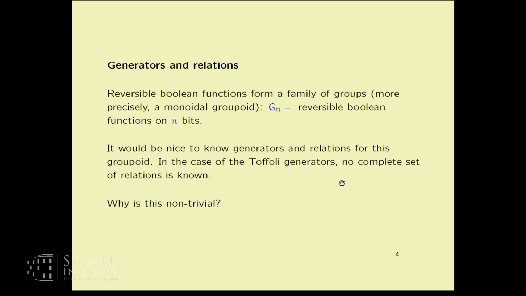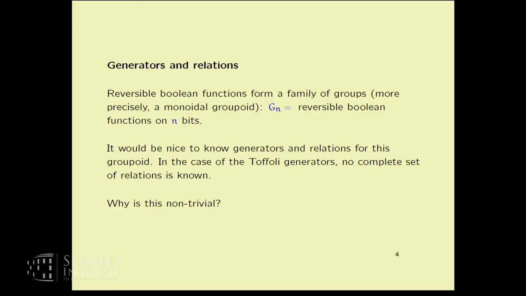All right. So for various reasons, I'm interested in generators and relations. Of course, reversible Boolean functions form a group, or more precisely, a family of groups, because you have one for every n: the reversible functions on n bits. And they don't just form any family of groups, but what's known as a groupoid, in fact, a monoidal groupoid.